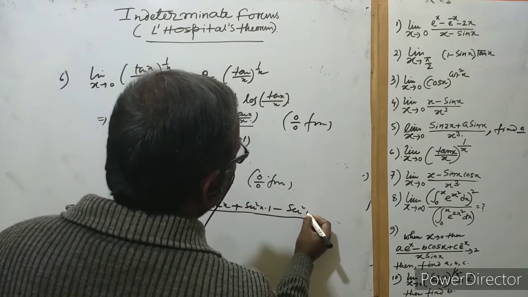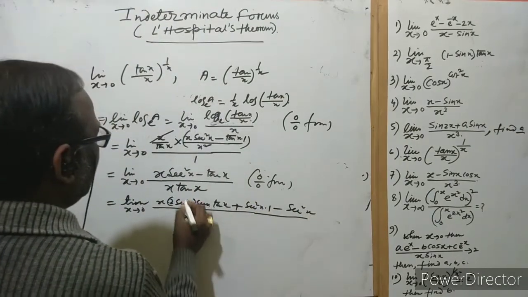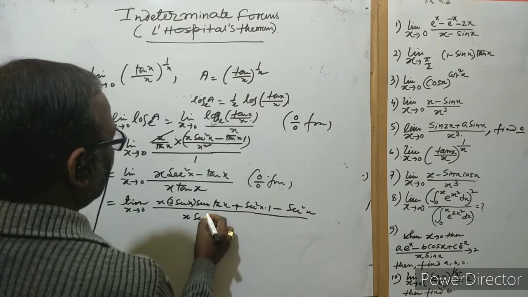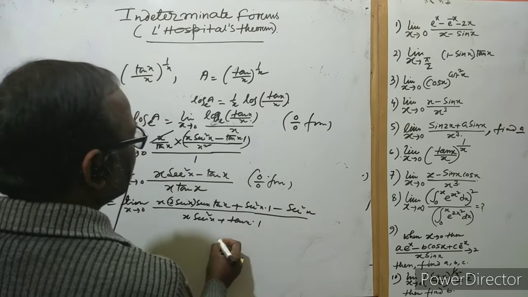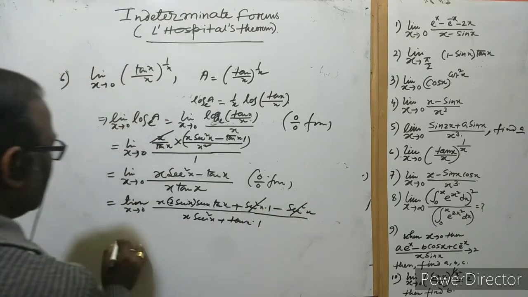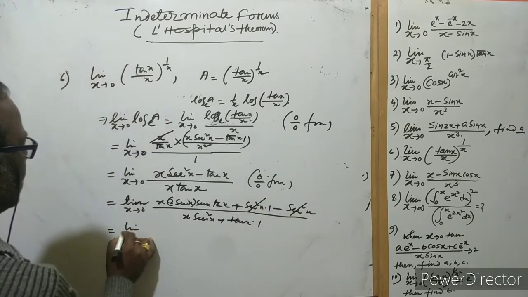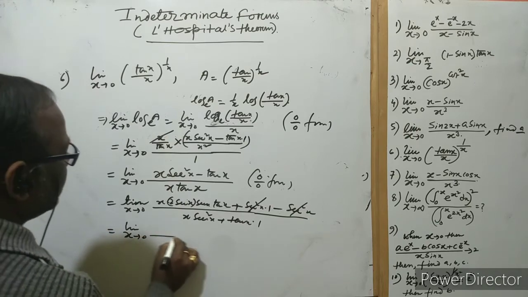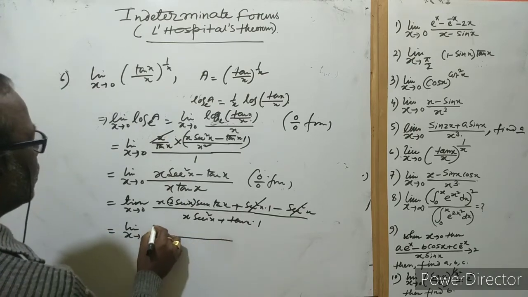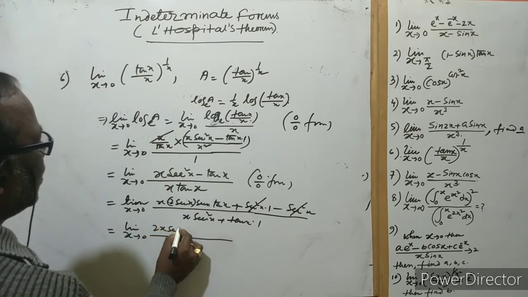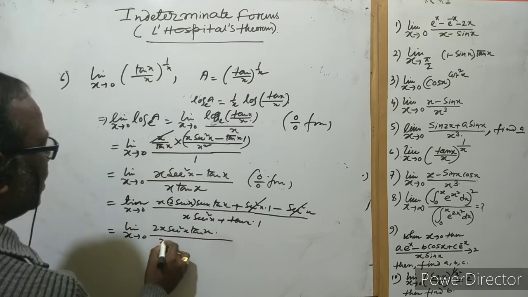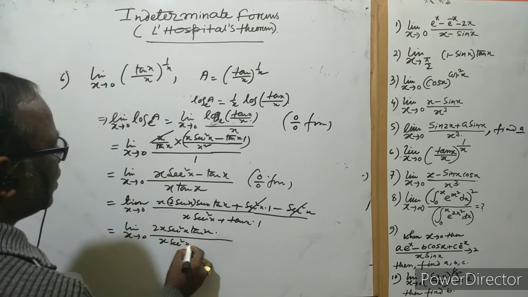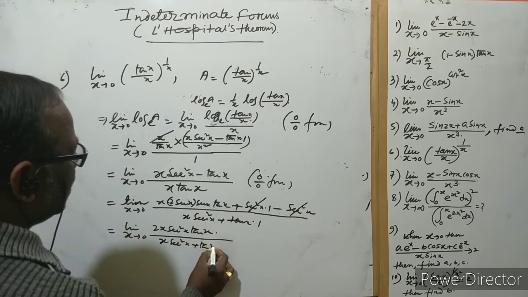Differentiate tan x is sec square x, and sec square x minus sec square x, these two are cancelled. So limit x tends to 0, 2x sec square x tan x over sec square x plus x sec square x.